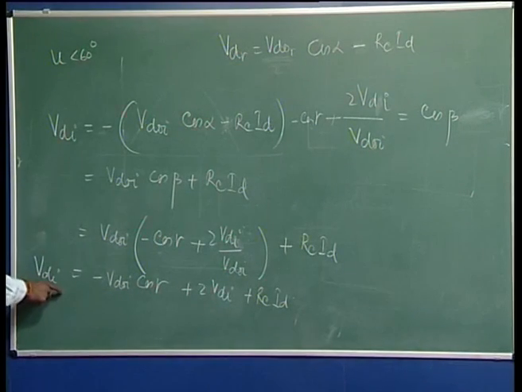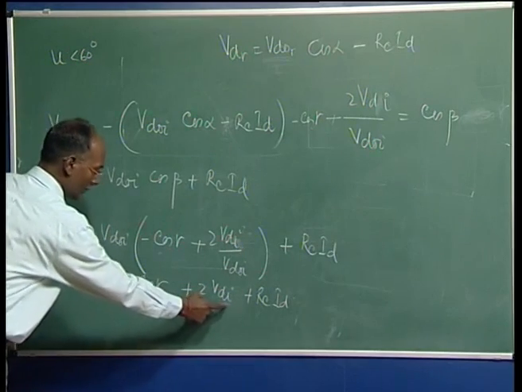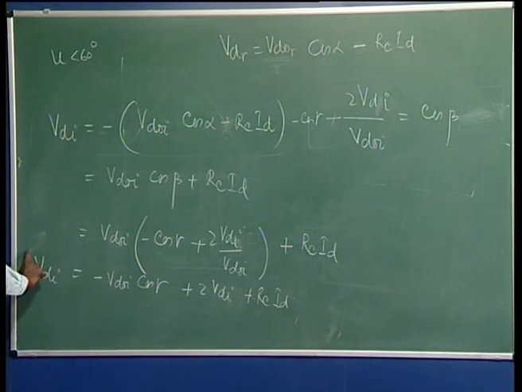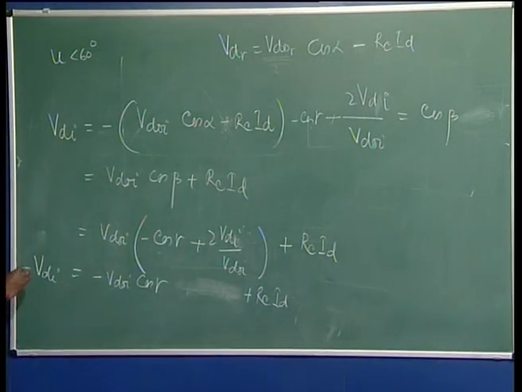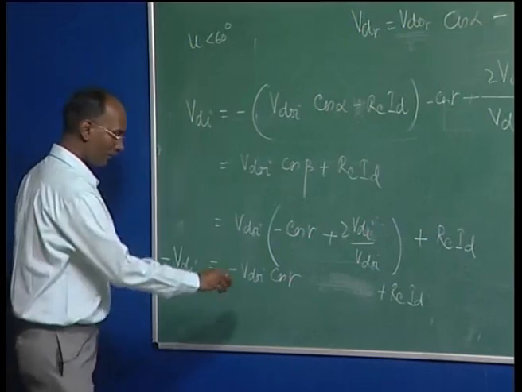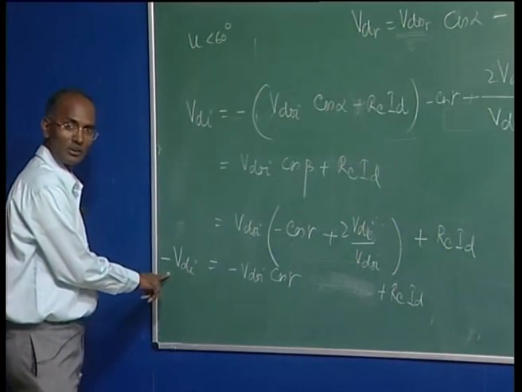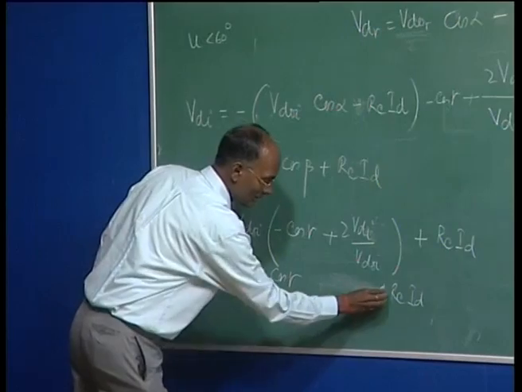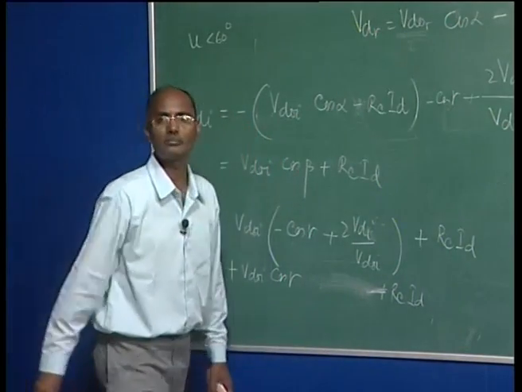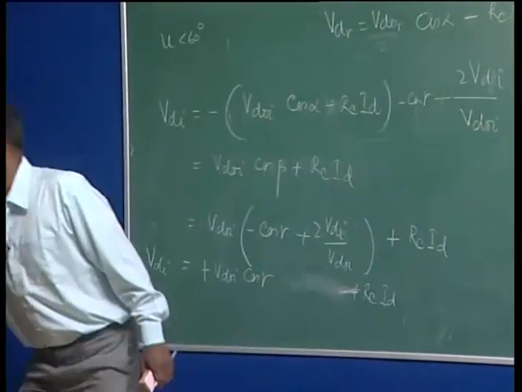This is VDI coming to this side, and we got it here. If I am putting this side here, this will be minus, and then finally we can change the sign also. So, this is positive, this is positive, this is negative. So, we have derived this expression here.